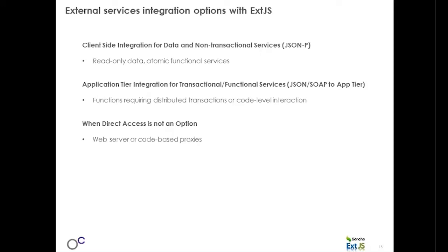In that case, you would not have a choice, and you will have to go with the application tier approach. There is also a case where a service is a candidate for direct client-side access, but that is not an option, either because of security or other compliance reasons, or maybe a deployment infrastructure issue. In this case, web server or code-based proxies can be used, and they tend to work reasonably well.